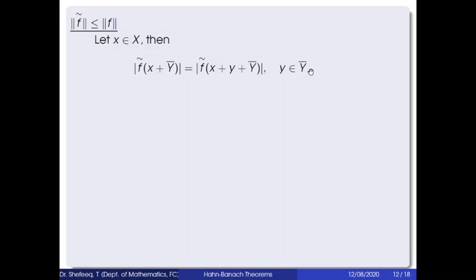Here y belongs to Y bar. So this is equal to mod of f of x plus y by definition of f. We can write like this. So which is less than or equal to, we split this mod, then norm f into norm x plus y for all y belongs to Y bar.